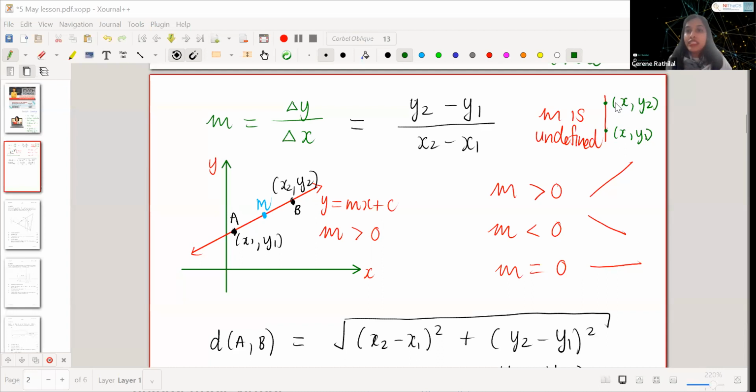So in the denominator, we would have x minus x. Isn't that so? This would be x, and that would be x, which equals 0. And we cannot have division by 0. So 0 cannot be in the denominator, making that line undefined. So keep those properties in mind. Those are the different cases that you could encounter when it comes to straight lines and gradients.